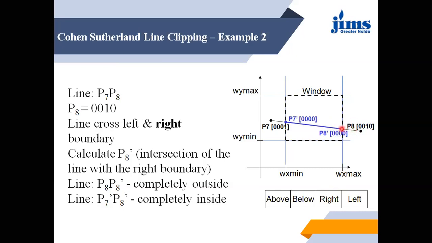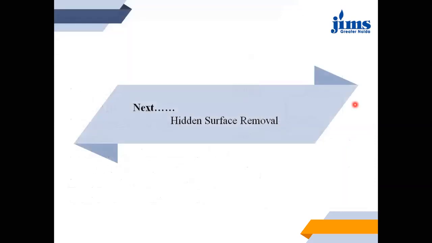Then it's easy for us to find the value of P8 dash, and we can say that P8 and P8 dash is completely outside now, so we can clip the line, and the line that is P7 dash to P8 dash is visible.